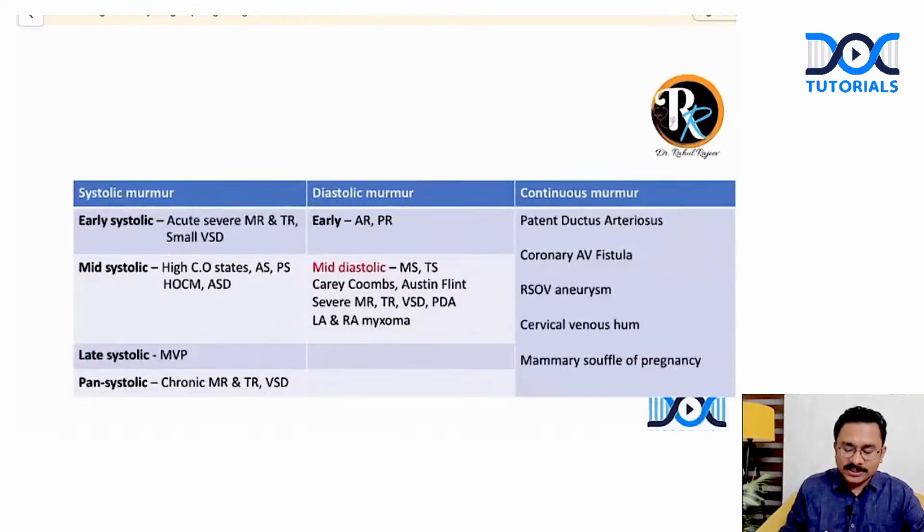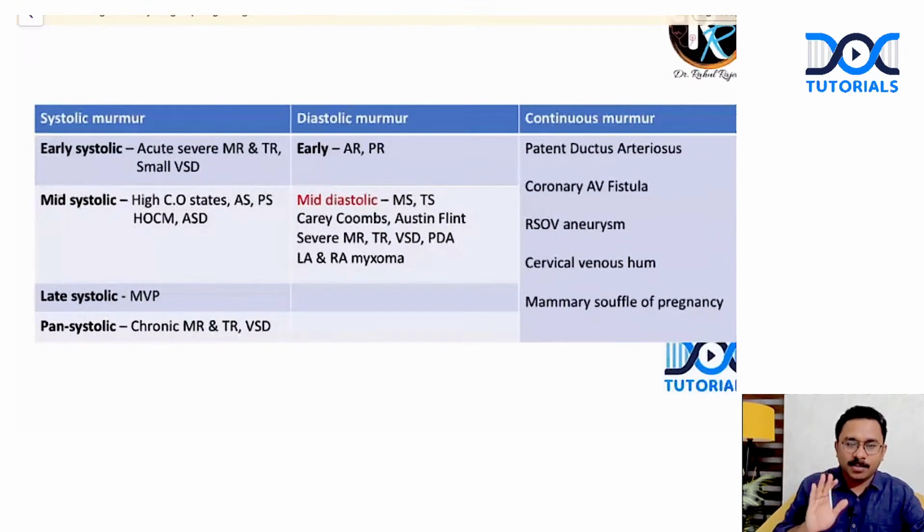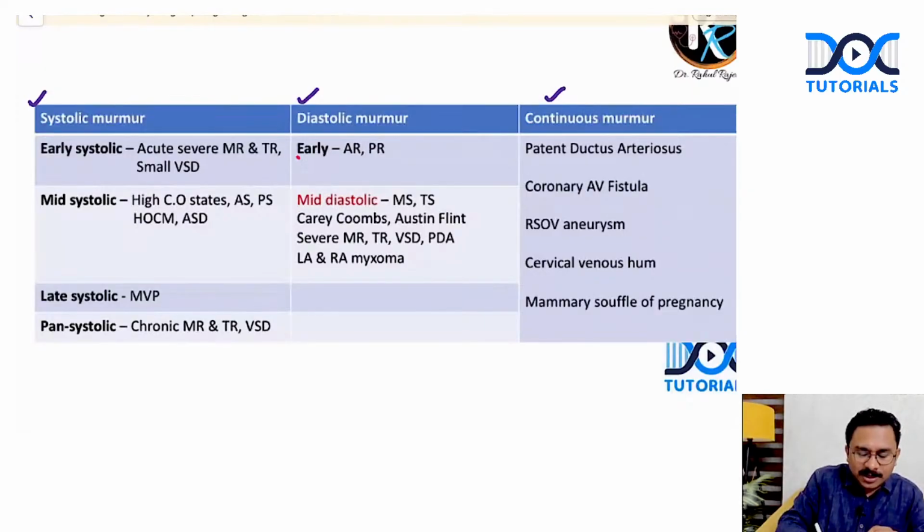And my dear students, this is an ultra high yield table which I have taught you in my DocTutorials lectures. Ultra high yield table on the various types of murmurs and associated conditions. Systolic murmur, diastolic murmur, continuous murmur. Okay, so what are the examples you have to know? In this particular question, it is regarding the early diastolic murmur.